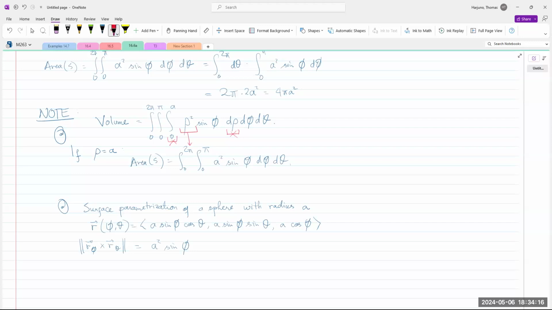And that actually comes from, remember the Jacobian. That's basically the Jacobian in triple integrals, right? The Jacobian rho squared sine phi, but we fix the rho by a.